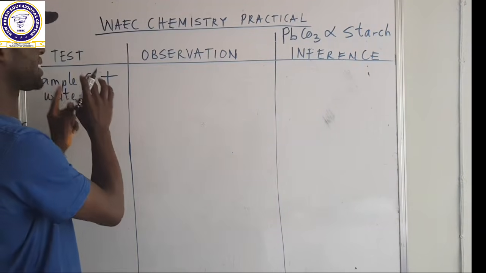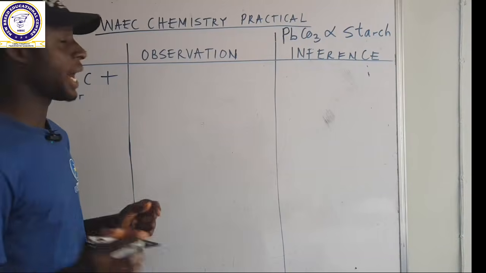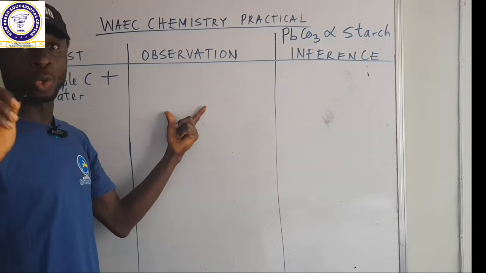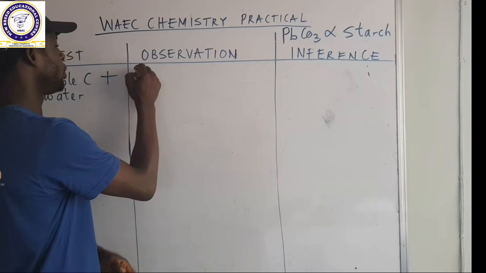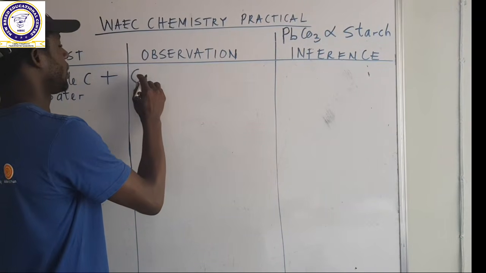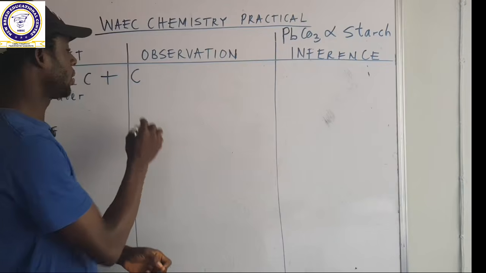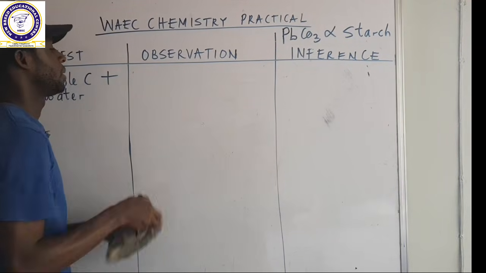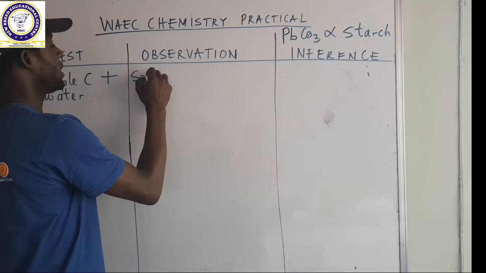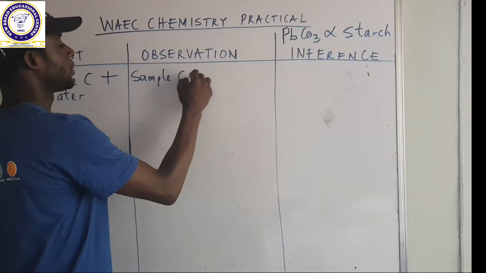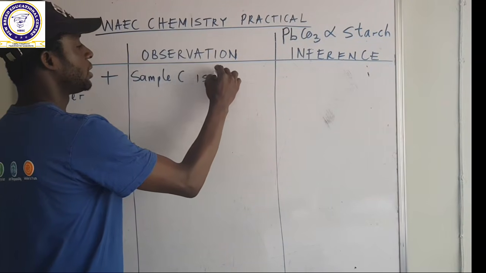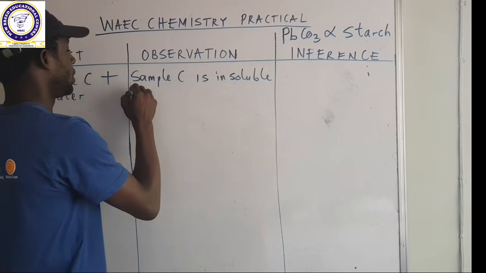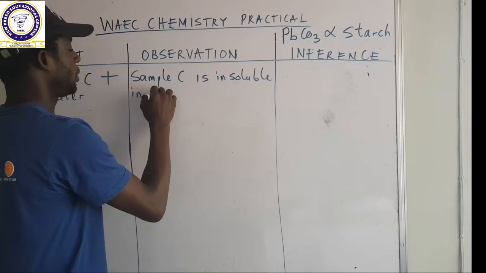So if you dissolve this sample C in water, what is going to be our observation? That means that our sample C is going to be insoluble. So our observation will be: sample C is insoluble in water.